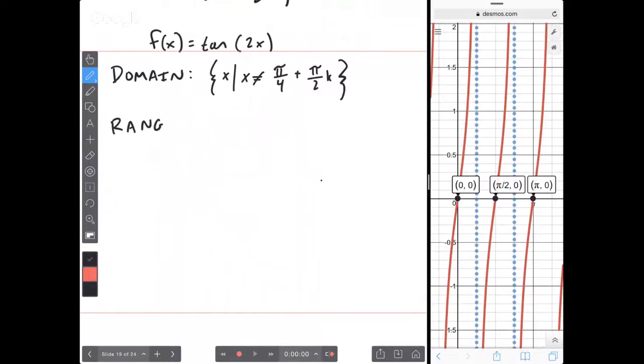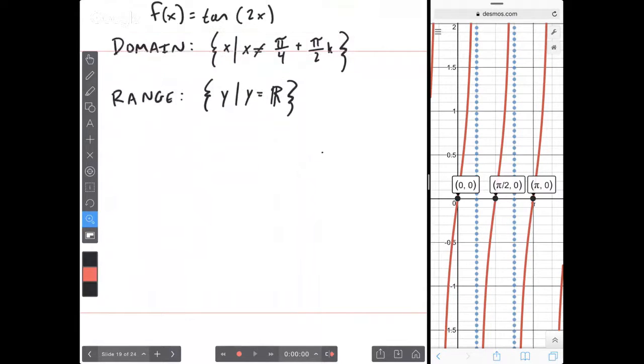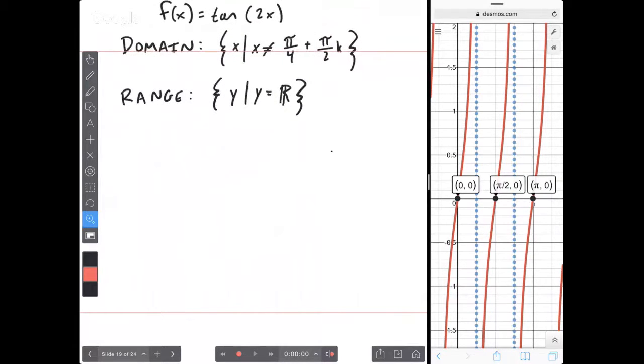Range for all tangent and cotangent functions is easy. The set of values y such that y equals all real numbers. Okay, domain, range. Period. In this case, we already said it.